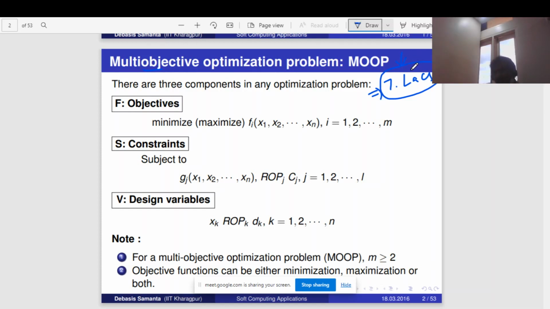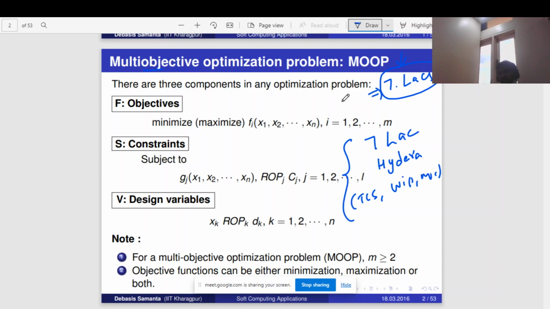But somebody else says, I want a job with more than 7 lakh package, and I want the job to be in Hyderabad, and I want the job only in these companies: TCS, Wipro, Microsoft. This is actually a multi-objective function.